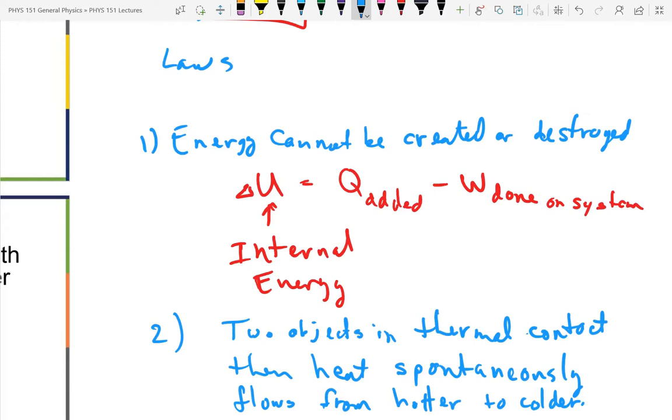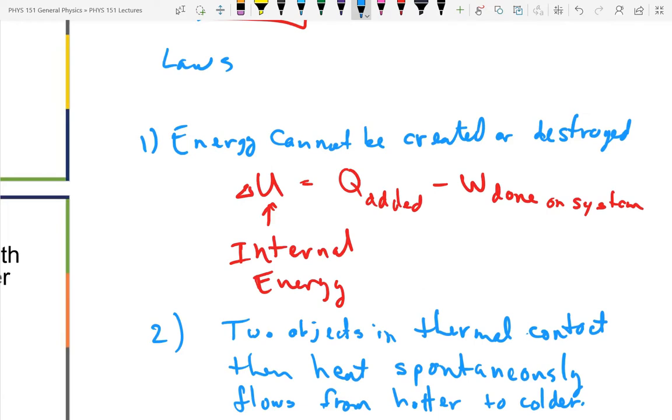But sometimes it gets a little confusing because I can have something like this little thing. I can heat it up to 100 degrees Celsius and put it in this water that's at 20 degrees Celsius. There's a lot more of that water than there is of this. So if you calculate the total internal energy, the water has more internal energy than this little mass does.